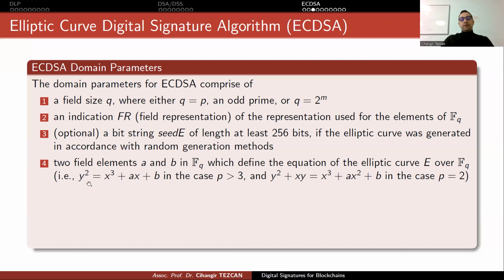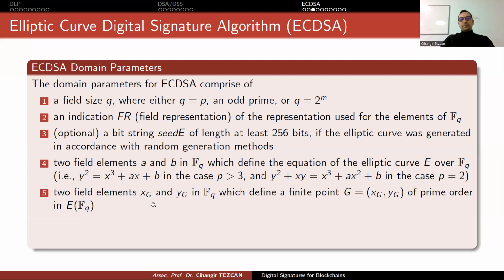Recall that we defined the elliptic curve as y squared equals x cubed plus ax plus b if we are working on prime fields, or if it is a power of 2, we define it differently. But in both cases, we have two field elements a, b here. You have to choose them because that specifies which elliptic curve you are using, okay?